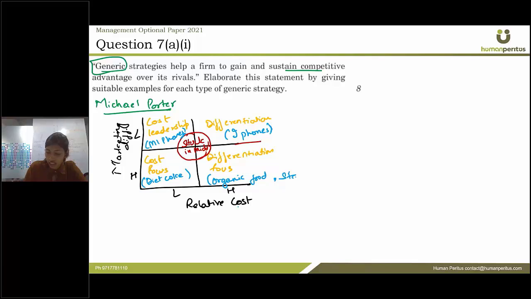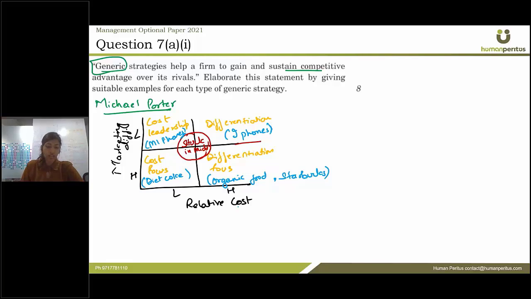Or you can also take the example of Starbucks. Starbucks provides the most expensive coffees and drinks, which take a lot of cost to make, plus these drinks are differentiated from all the other coffee products available in the market. Even if they are expensive, people are willing to buy Starbucks coffee. So this is differentiation focus.